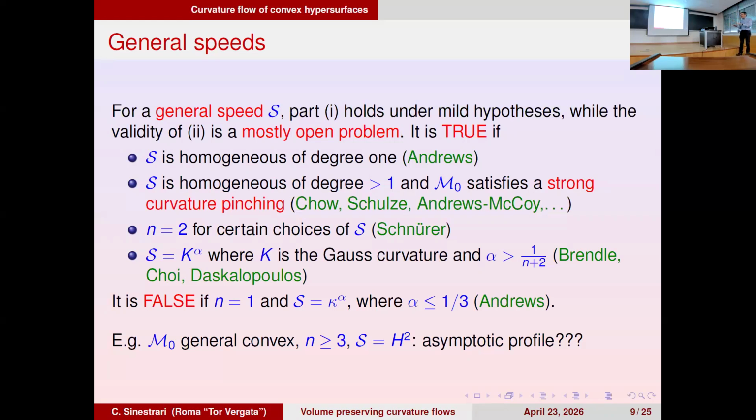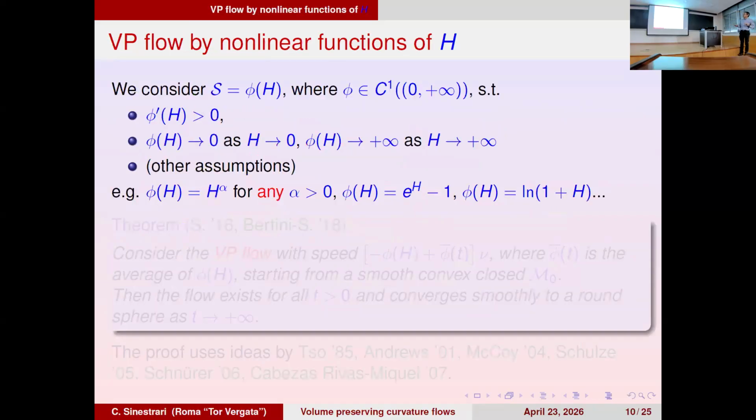What I'm going to tell is that everything becomes simpler and easier if one considers, for functions of H, the volume preserving counterpart. So the result I will present, the model case is powers of H. You can think of phi as H to the alpha for a general power alpha. But the power-like structure is not necessary.